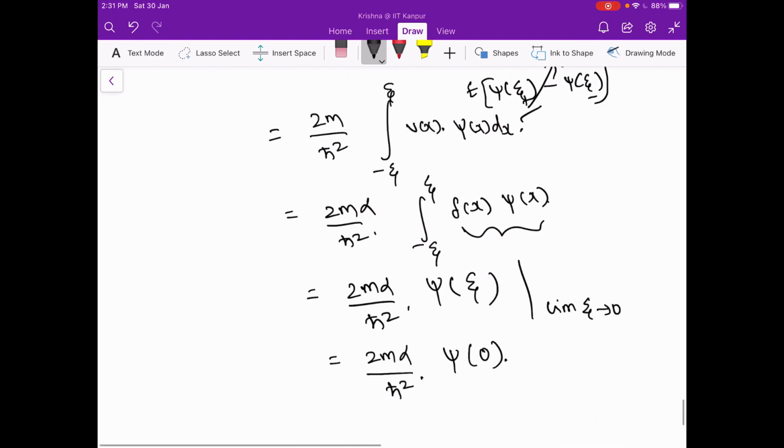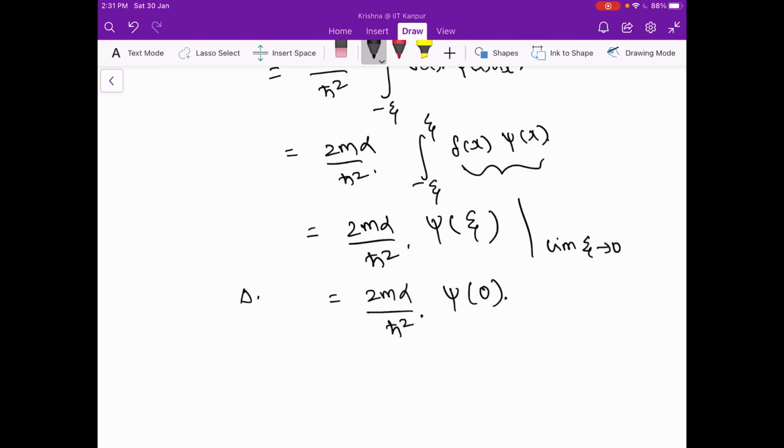And this is delta d psi by dx at x tending to 0.